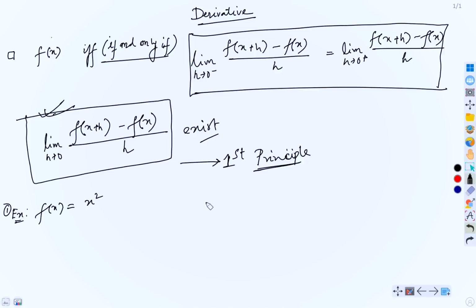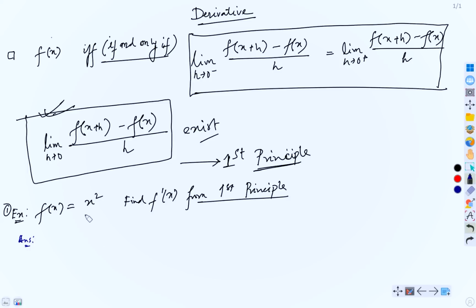Now you would be given in the problem to find f dash x from first principle, okay? So how can you solve this problem? Okay, let's solve it now. You will get to know how to do it, yes?